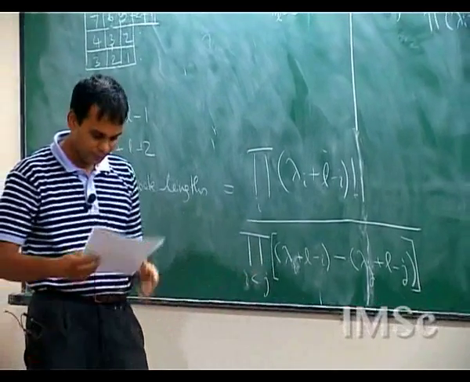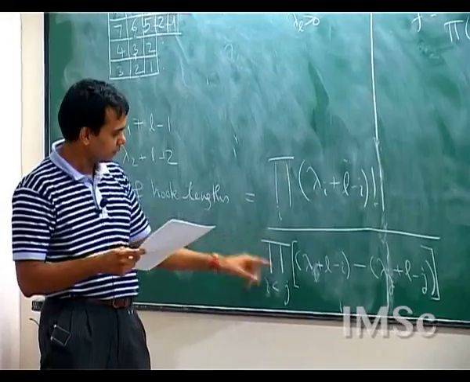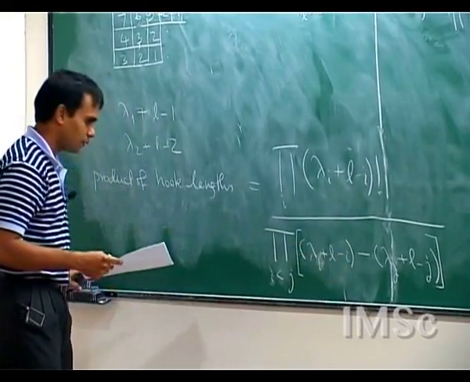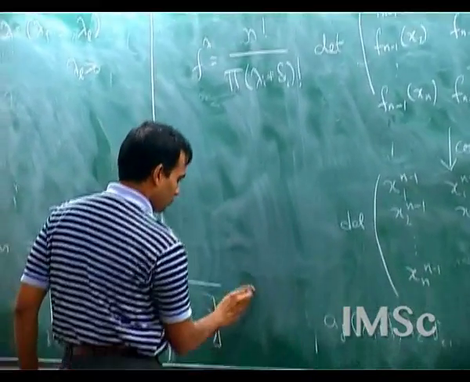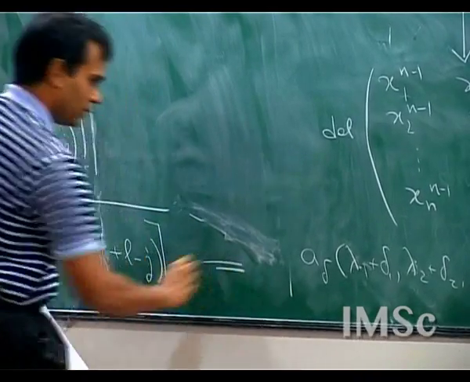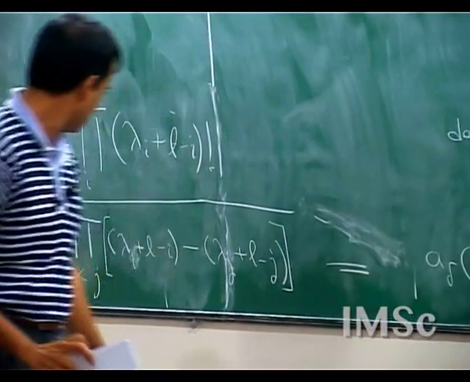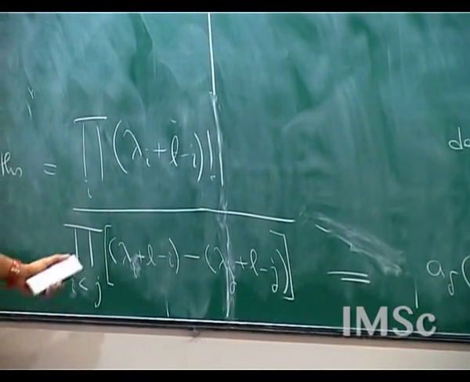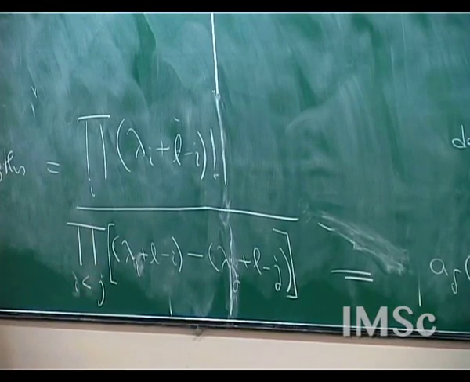Now look at this. This is a Vandermonde determinant right here. This denominator here is just this Vandermonde determinant, because it's the product over i less than j of x_i minus x_j, where for x_i I substitute lambda_i plus L minus i.